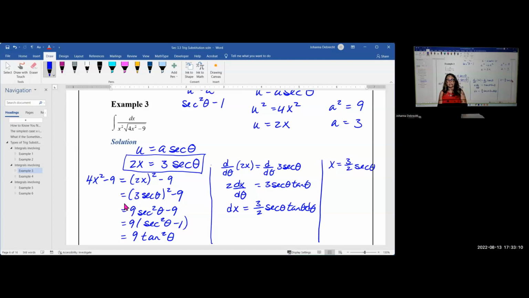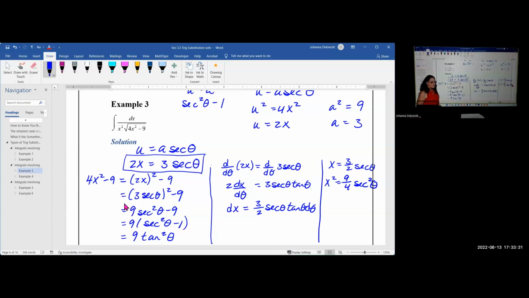And if that's the case, then I can just square it. And that would give me that x squared is equal to 9 over 4 secant squared of theta. And that gives me something for each piece of the original integrand, and I can now replace it as well as the differential.